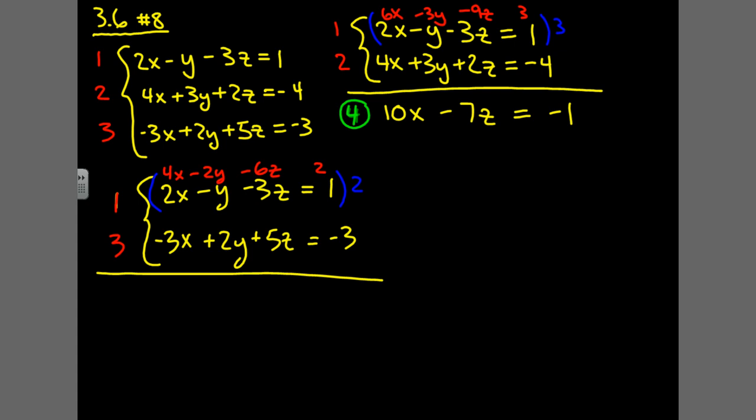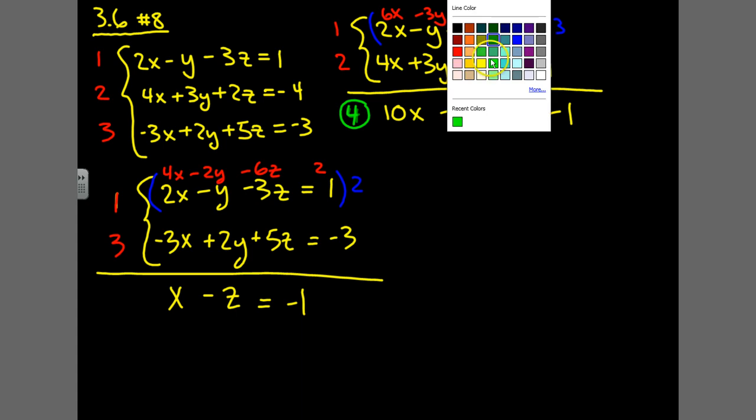We have a total of 1 positive x, 1 negative z, or z. Right, Georgina? Yeah. And then 2 and negative 3 is -1. That is equation number 5.